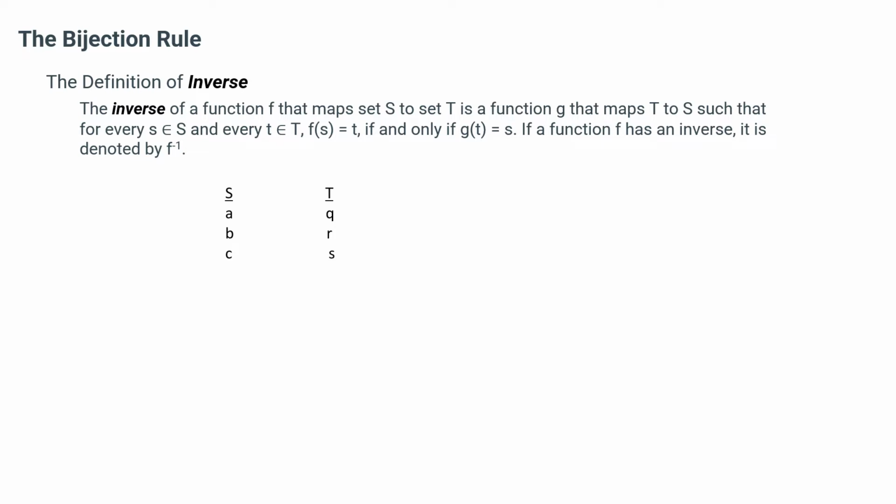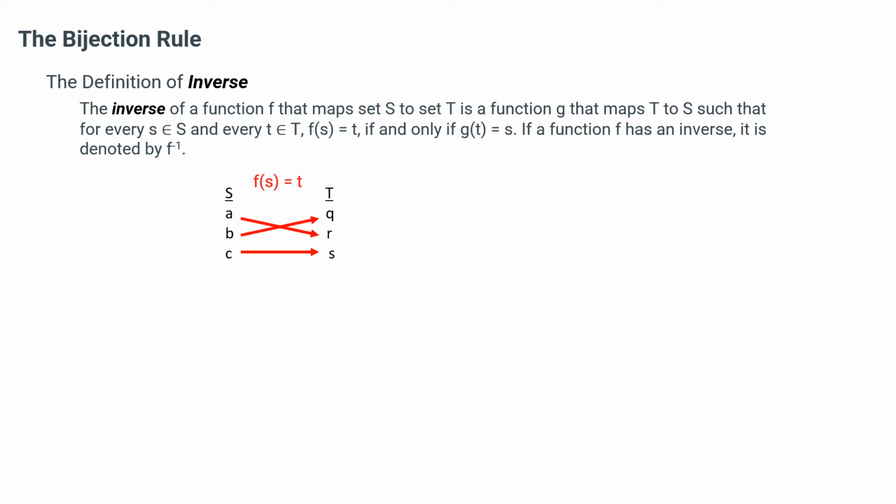Let's say that we have a set S with the elements A, B, C, and a set T with the elements Q, R, S. And let's say that we have a function we're calling f, and it maps these different values in S to elements in T. Okay, so let's say that we have it set up so that A maps to R, B maps to Q, and C maps to S.